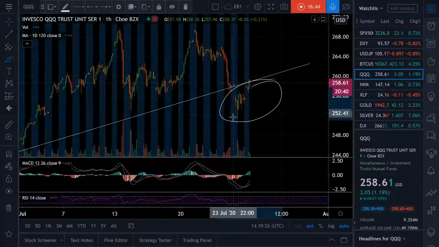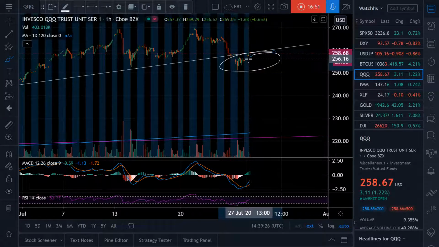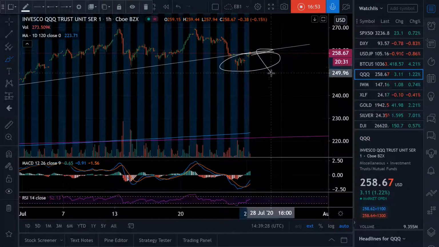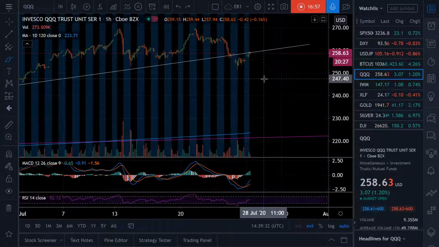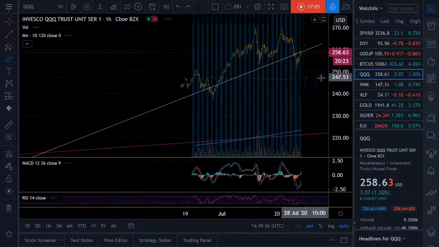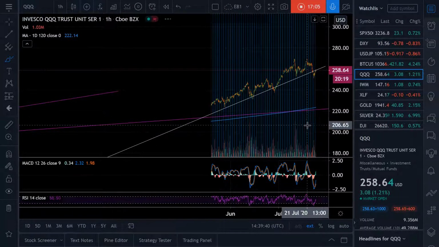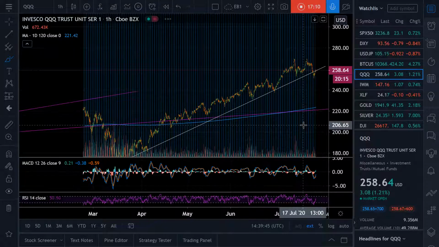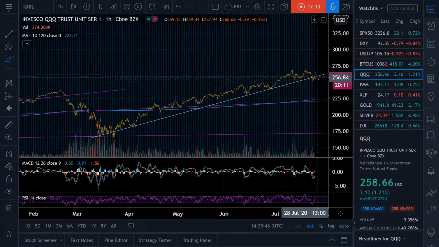Yeah, as you can see here, this looks really dangerous for the Qs, and so if the Qs get resistance here and start moving down, I would expect the S&P to move down right along with it, and we could actually get a move down. So I think it's dangerous right now, but it's not quite a setup for a short yet, except maybe on the Qs.